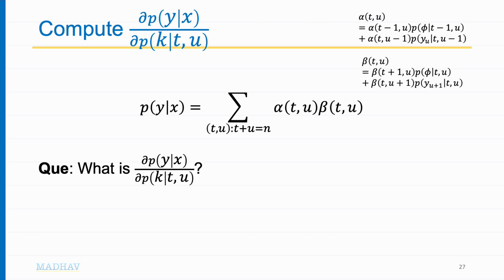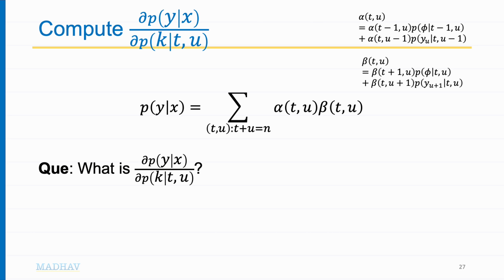K can take any value, a valid token out of capital K tokens or phi. So look at the formula of alpha. Do you find anywhere pk given tu? It's only t minus 1, u minus 1, but nowhere tu. Look at the formula of beta. Do you find anywhere pk given tu? Where?